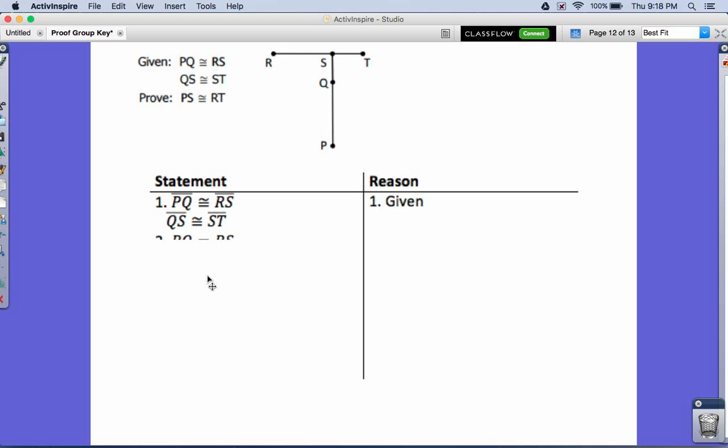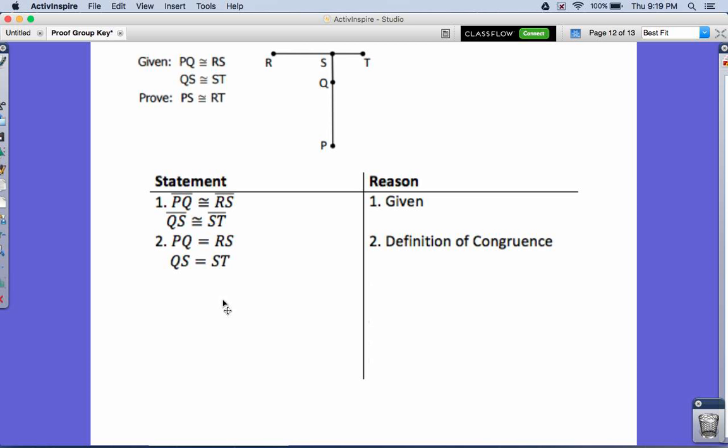So from here we're going to go from congruence to equality, just like we typically do with segment proofs. So we have that PQ equals RS and that QS equals ST, and that's by the definition of congruence, as it always is when we go from congruence to equality.